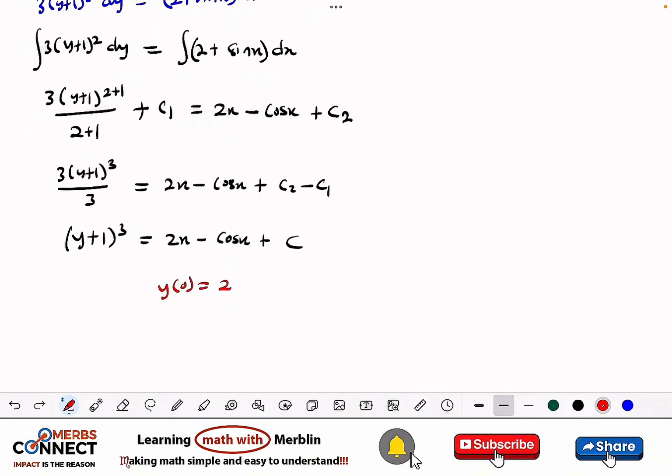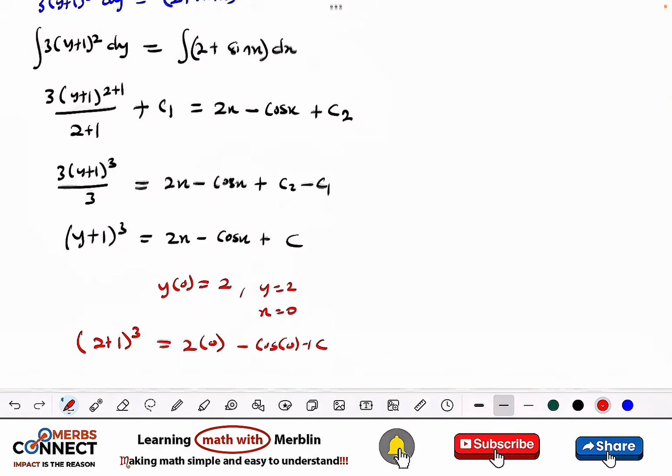So it means that y is equal to 2 and x is equal to 0. So let's do that. When I plug them in, y is 2. So 2 plus 1 to the power 3 equals 2 times 0 minus cos 0, is it cos 0? Yeah, cos 0 plus c.